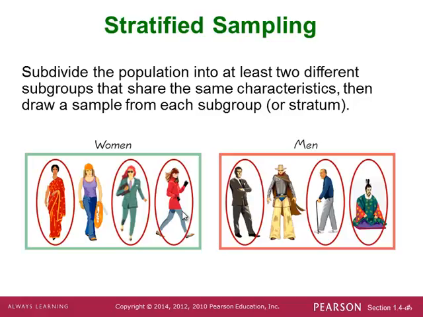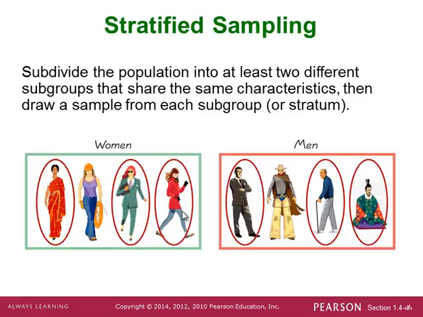So, for example, you might want to make sure that you have an equal number of men and women when you're doing a study regarding sex and marriage and children.